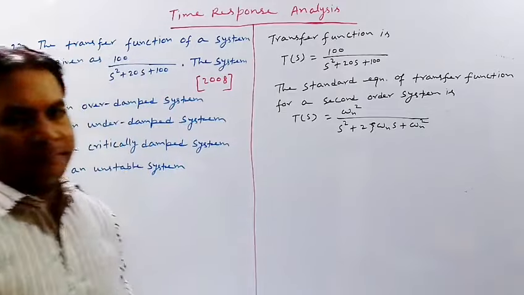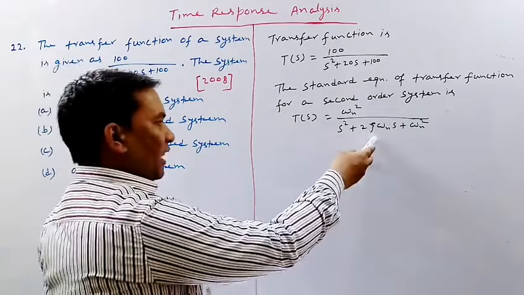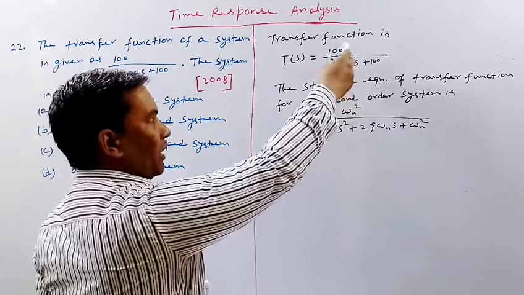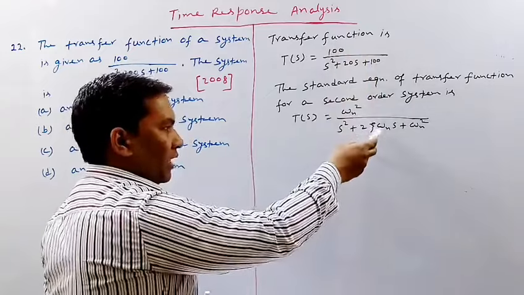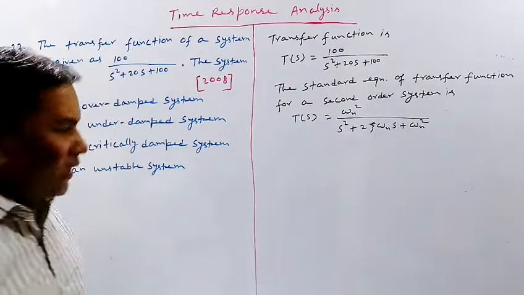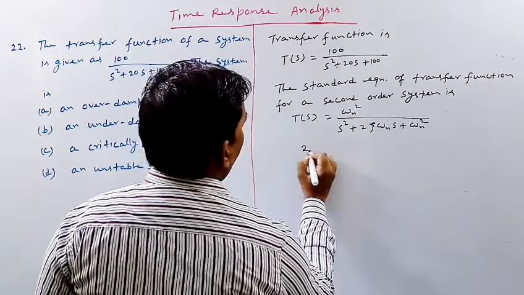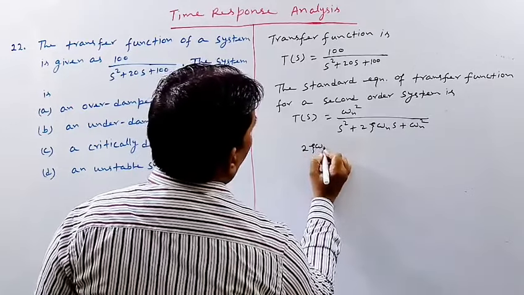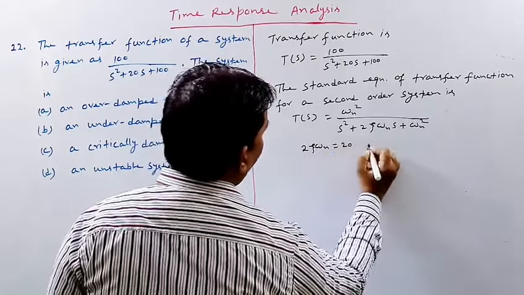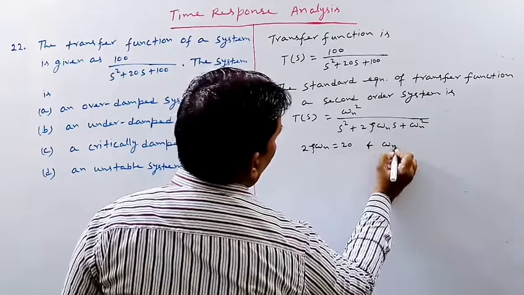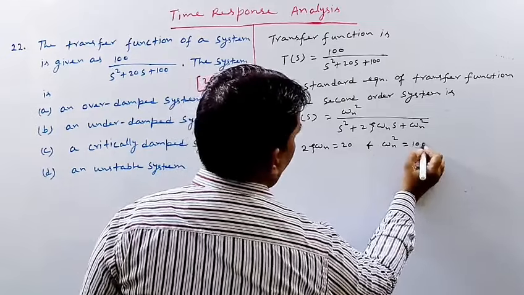Now if we compare the given equation with this standard equation, then we can find that 2 zeta omega n equal to 20 and omega n square equal to 100.